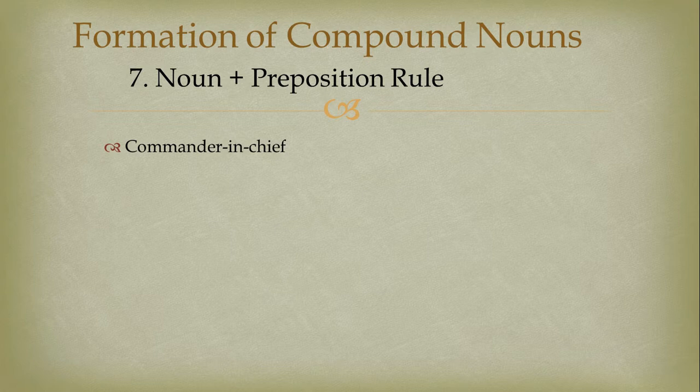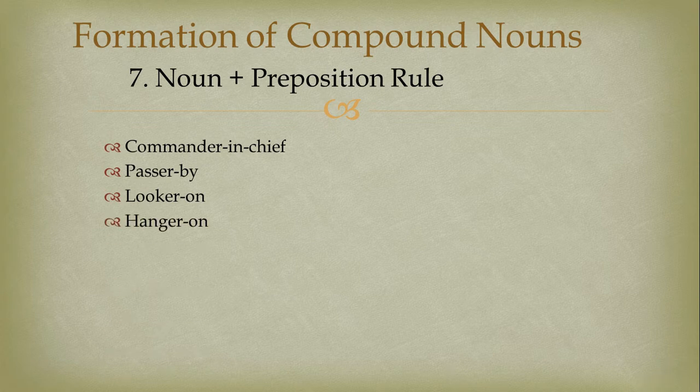Here it is clear that commander is a noun, hyphen, in, and then hyphen and chief. This is the rule by which we also make compound nouns. Passerby, looker on, hanger on, brother-in-law.